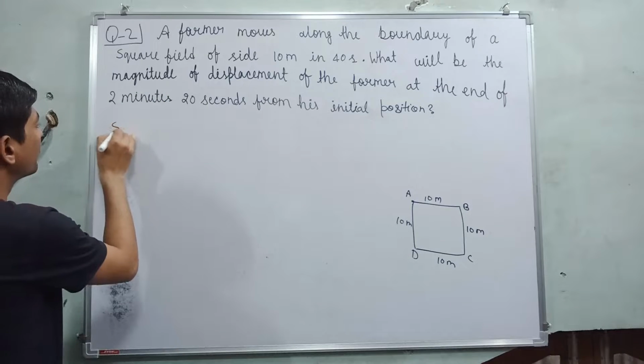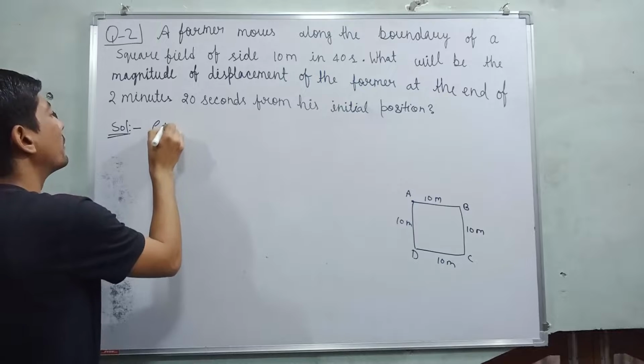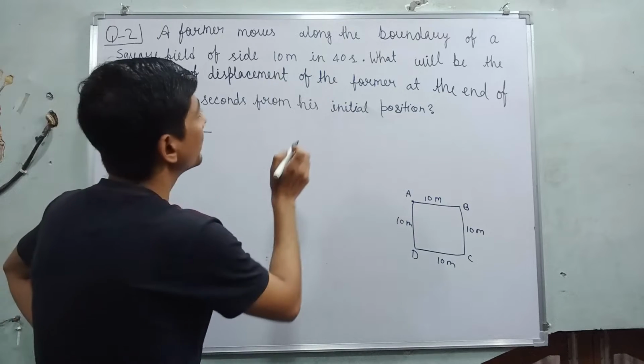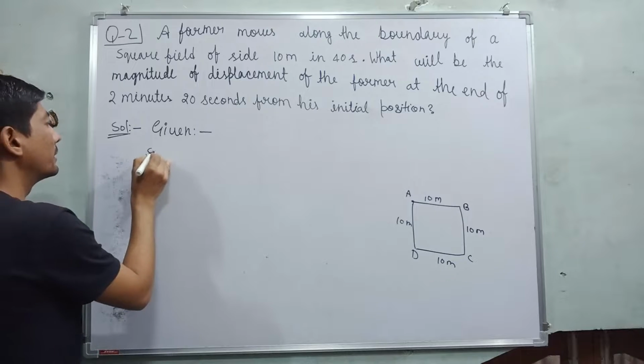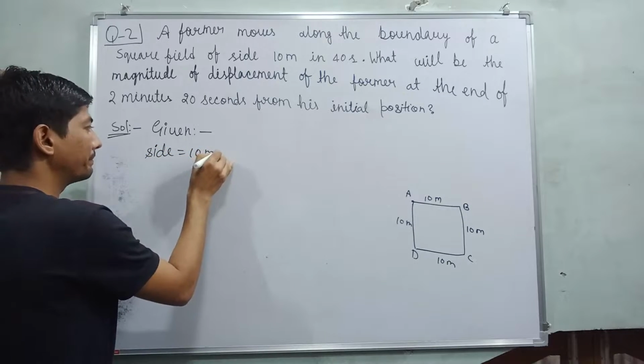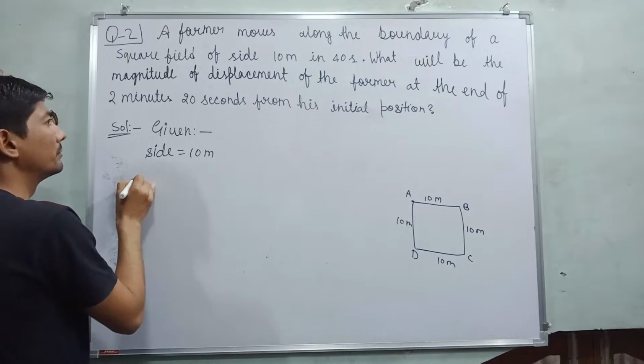Solution. Given: the side of the square field is 10 meter.